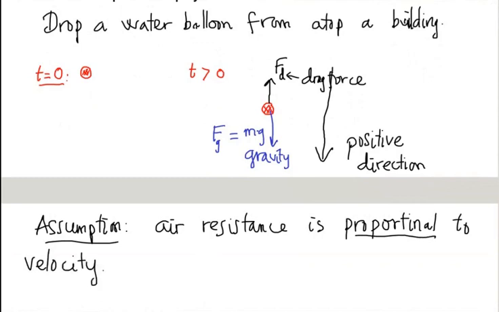So what does proportional mean? Proportional means that if velocity is bigger, then air resistance is bigger. If velocity is smaller, air resistance is smaller. That is, F sub D is a constant times velocity.